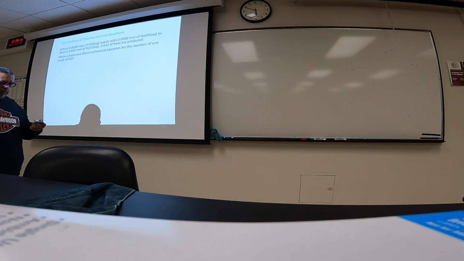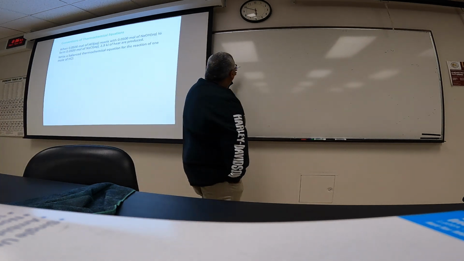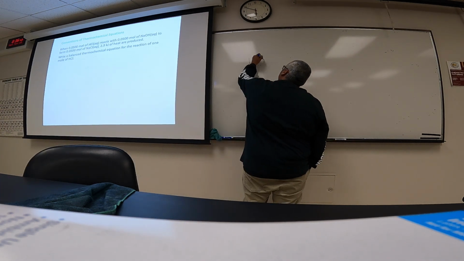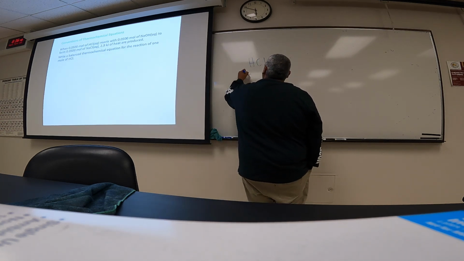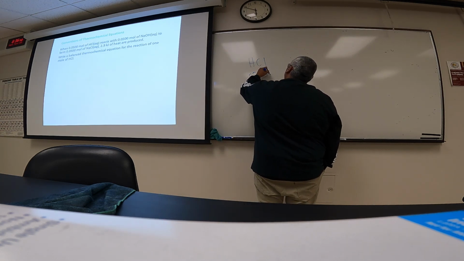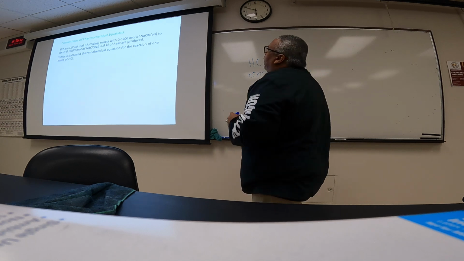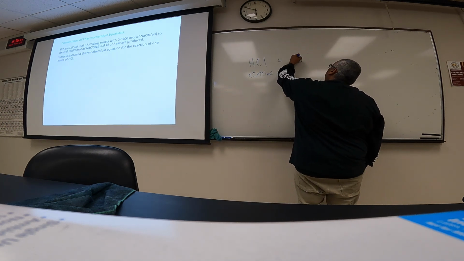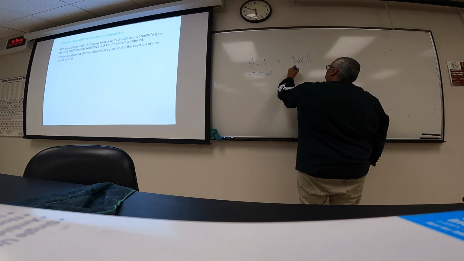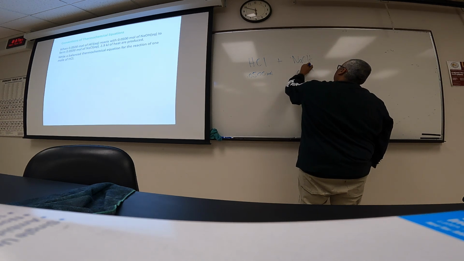So thermochemical equation. Let's just read through this first. When we have 0.05 moles of hydrochloric acid, I'm going to write a reaction for this. So we have some hydrochloric acid, 0.05 moles of this, and we're going to react it with some sodium hydroxide, of which we also have 0.0500 moles.